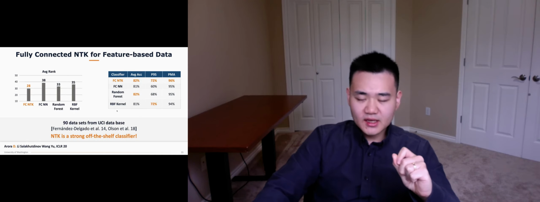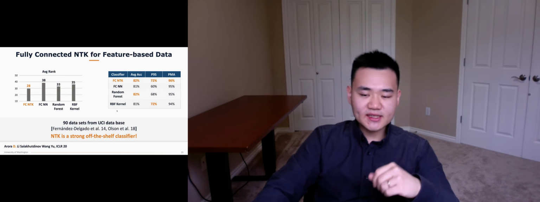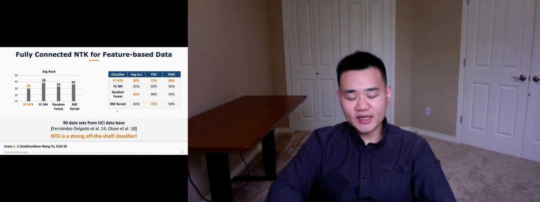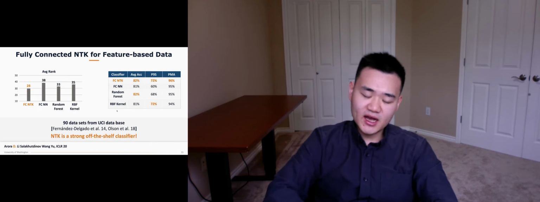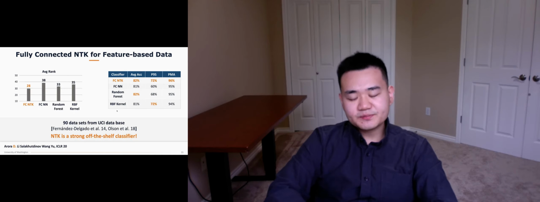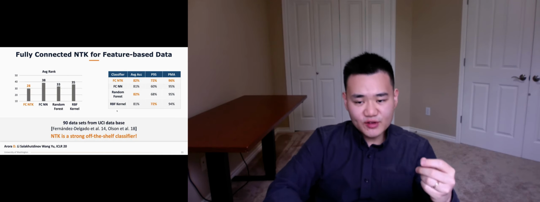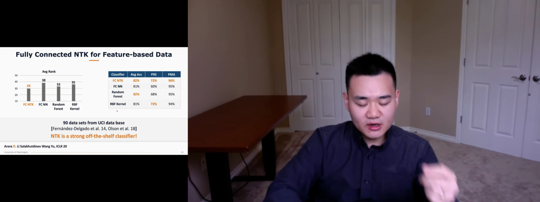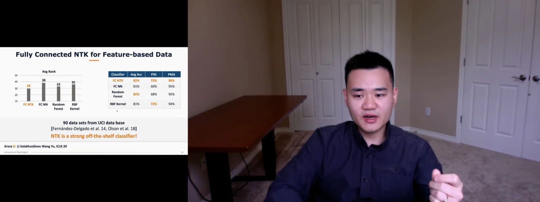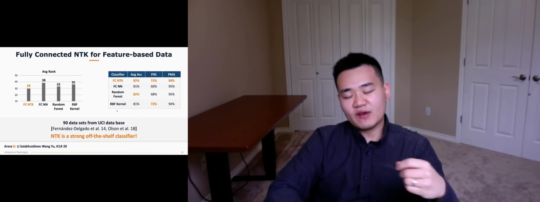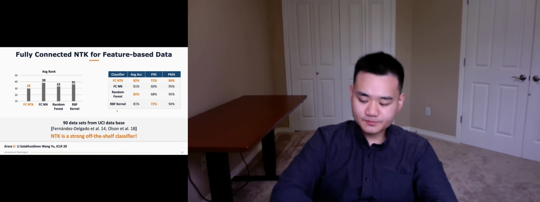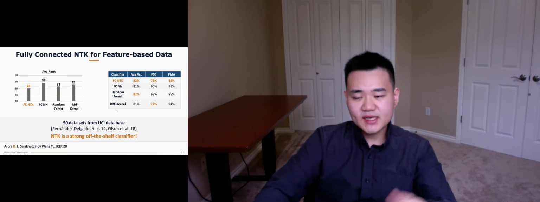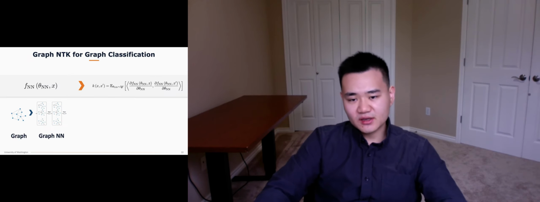What we want to emphasize here is that these 90 datasets from the UCI database cover a lot of categories, including finance, healthcare, etc. So a strong performance in the average sense means that this neural tangent kernel is a very strong off-the-shelf classifier. If you have a new dataset and want to try something, you should try this neural tangent kernel. So this is our experiment on the feature-based data.